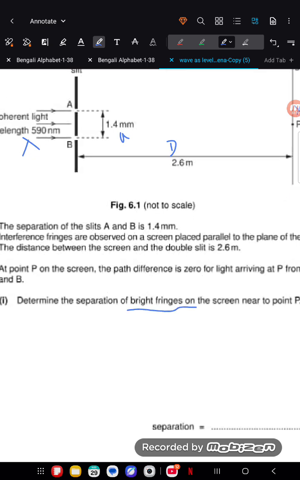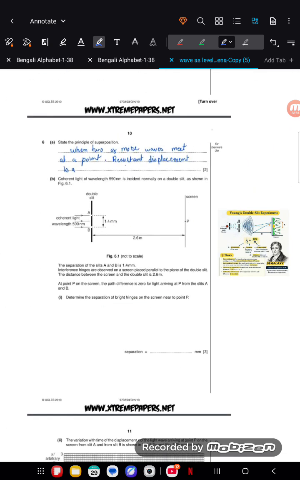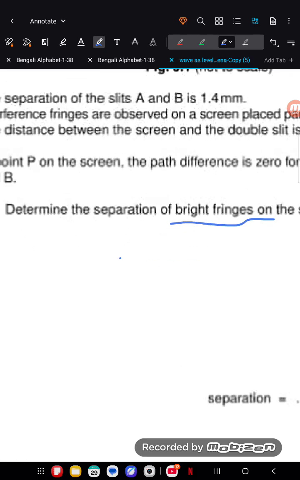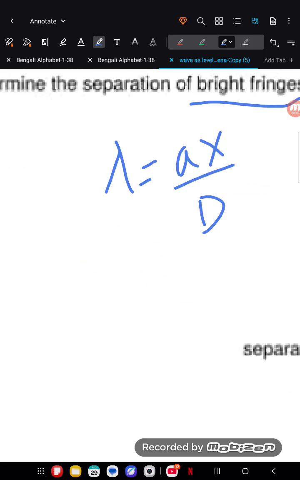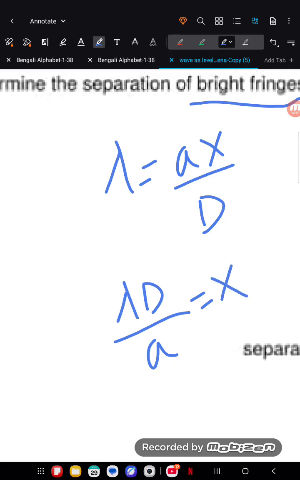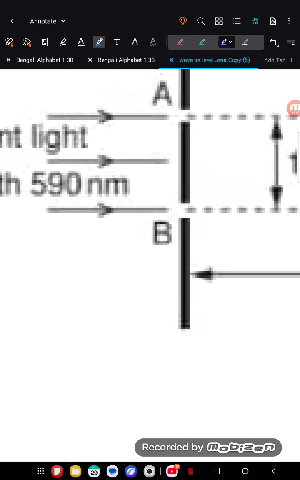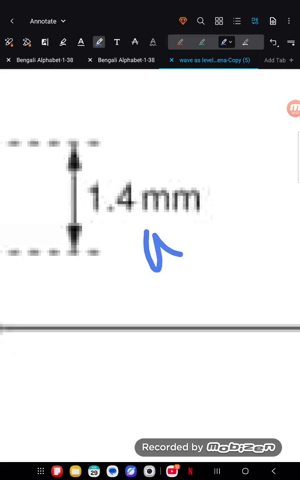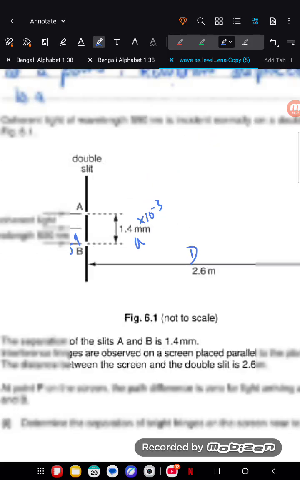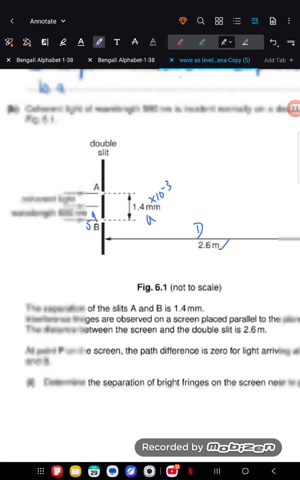So use the formula wavelength is equal to a x divided by d, make x the subject. This is given in nanometer, so you have to multiply by 10 raised to minus 9. This is given in millimeter, you have to multiply by 10 raised to minus 3. This is in meter.